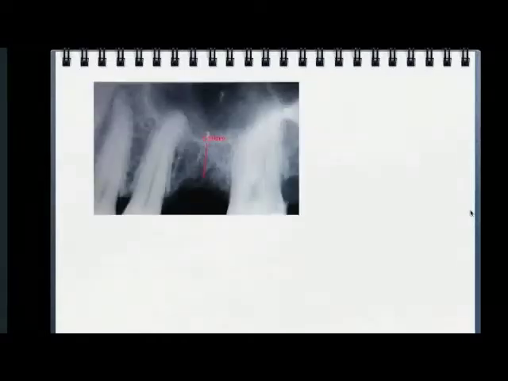So for insufficient height, after determination by clinical and radiographic examination, if the patient has insufficient bone height and has a sinus, and the sinus is clean, no cysts, no polyps, and the ostium is open and working properly, we can perform the sinus lift. The sinus lift could be done through the lateral wall.